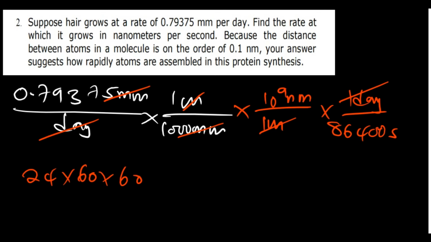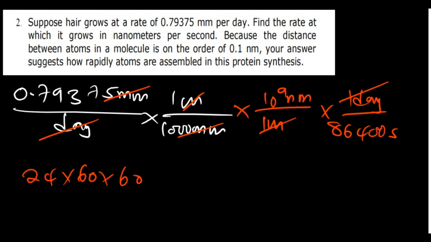So we're going to start now saying 0.79375 times 10 raised to the power 9, then the answer we're going to get, we divide it by what?